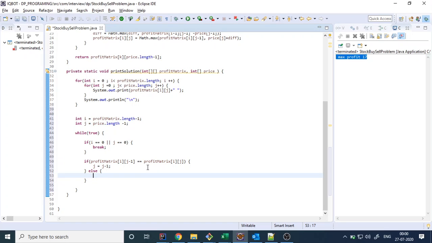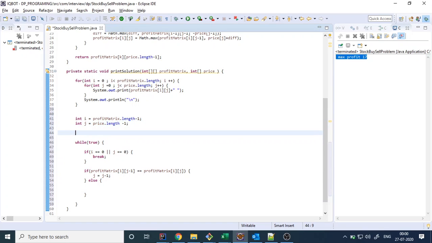Else, what? Else it means that we need some stack, right? Just like taking the deque, since this is the index, here I will store the index of the value.